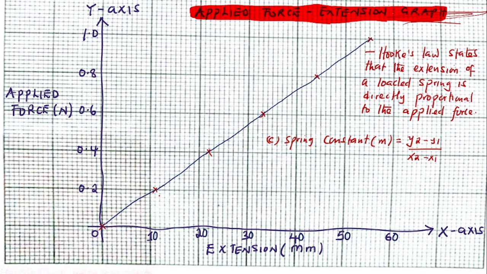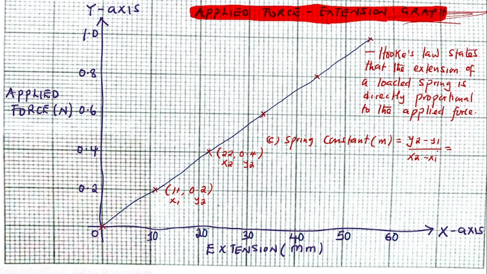So you pick any points. Let's assume that we pick a point here, which is 11,0.2. Then here again, we pick a point there, which is 22,0.4. After we do that, we're going to label here x1, y1, then x2 there, y2.